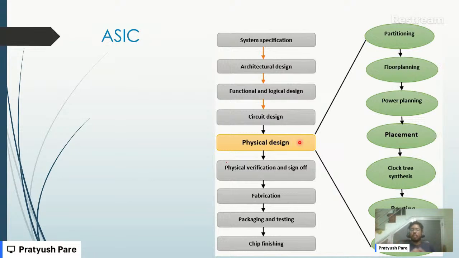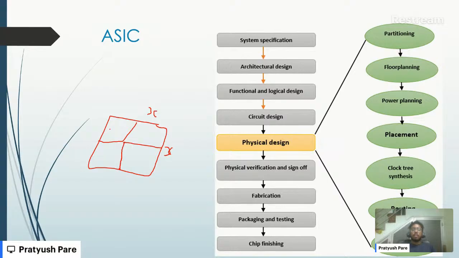So let's say you have a chip of some x cross x area. Then you need to do floor planning first. This IP will come here, this number of IPs will come here, this will come here. So you have the floor planned.